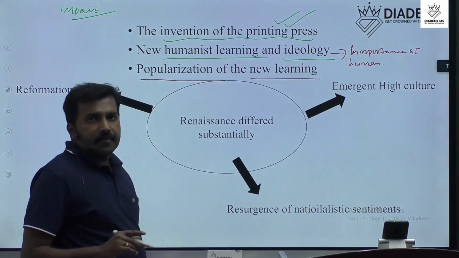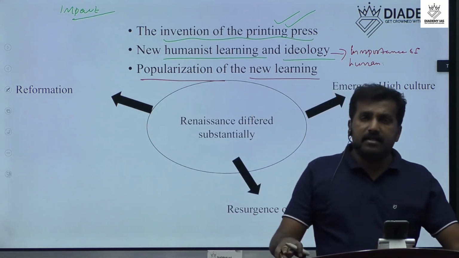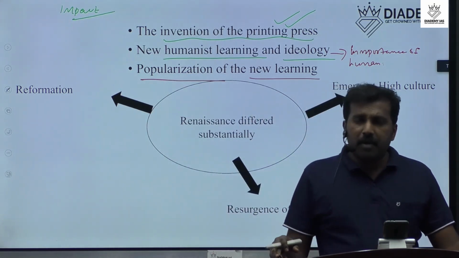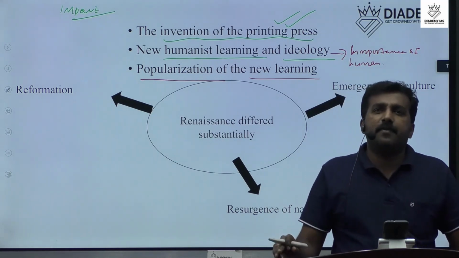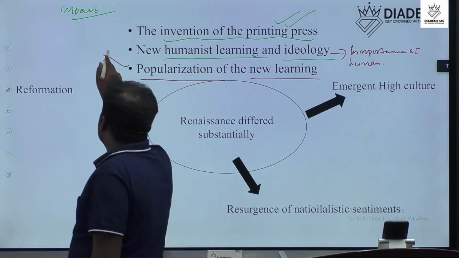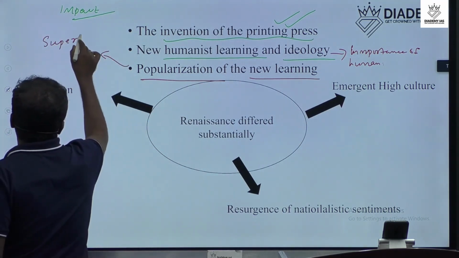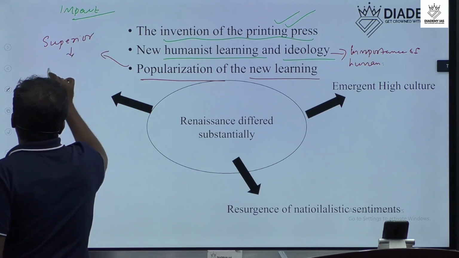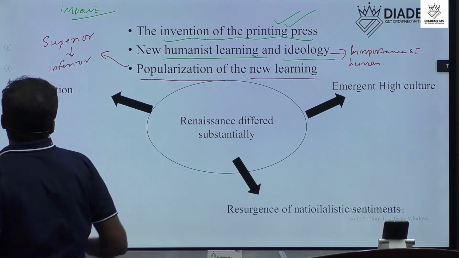That means in the ancient or old period of English literature and in the medieval or Middle English literature, there were different types of learning, mainly based on superior and inferior partialities. Superior, inferior partialities existed in England.